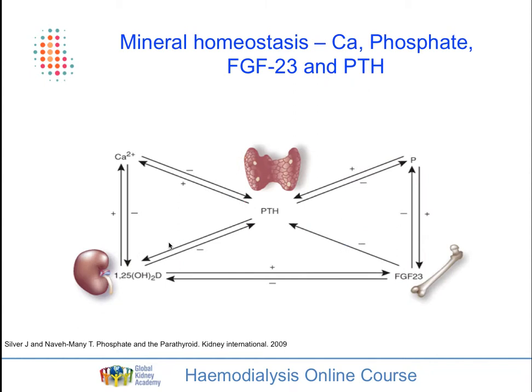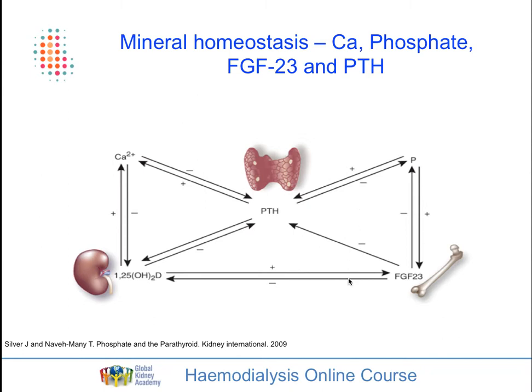So just an overview, again all very complicated really, but just to show that you have a complex interplay between FGF-23, vitamin D, calcium, parathyroid hormone and phosphate, and they have inhibitory and stimulatory effects on each other.